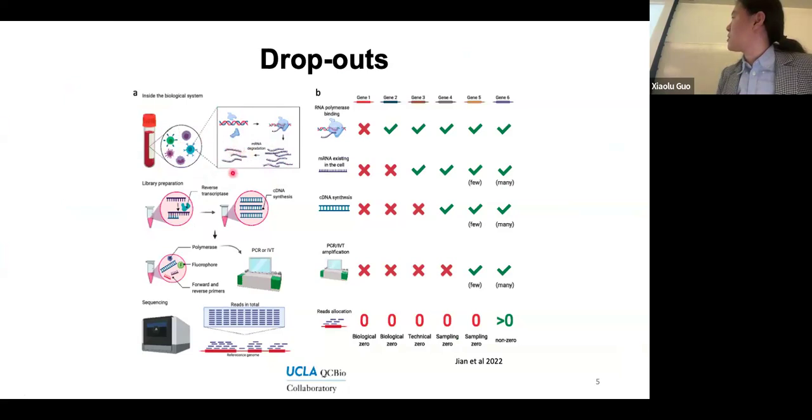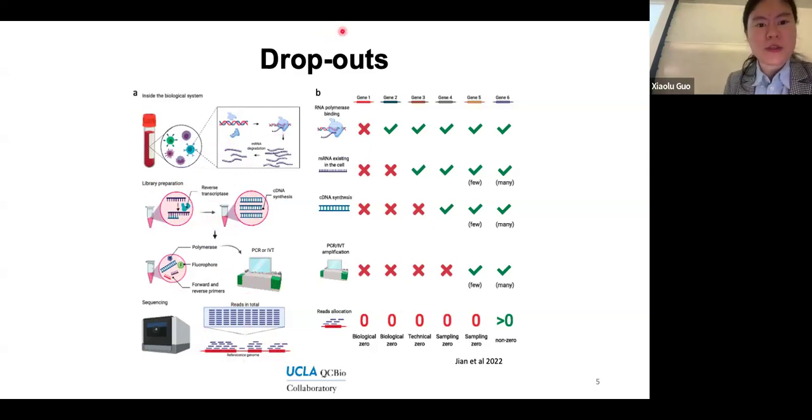Whatever we observe in the sample, that's the biological process. And then when we sequence, we only observe part of this. This corresponds to the different steps of RNA sequencing: cDNA reverse transcription, then PCR amplification, and then sending to the sequencing core.